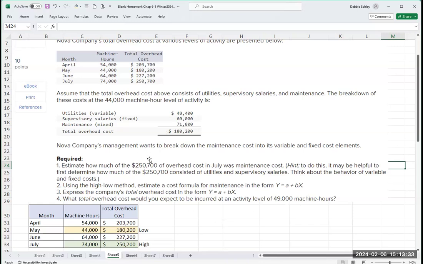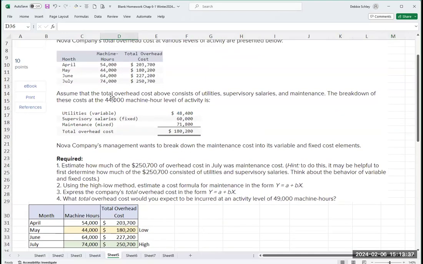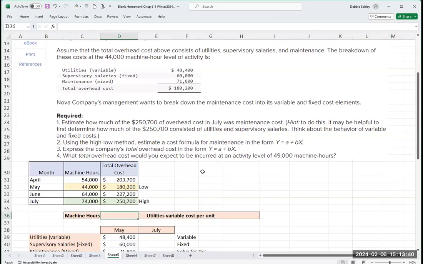Okay, so let's start back up. Required 1, my machine hours are 44,000. So if I want to know my utilities variable cost per unit at this activity level, well, that's May, right? They gave me May.